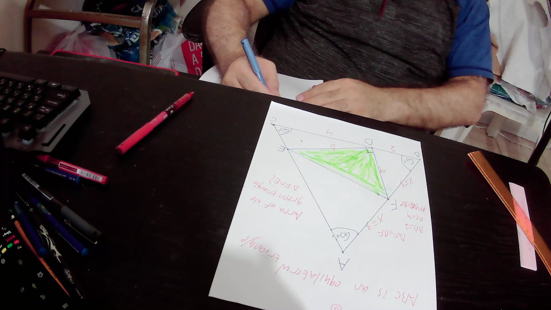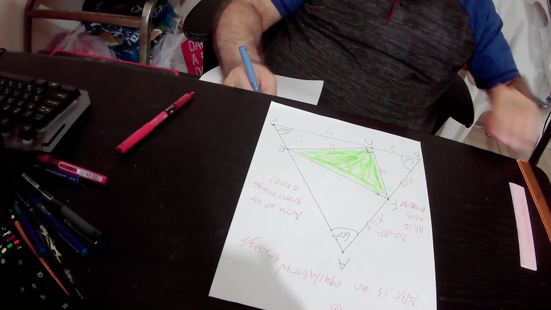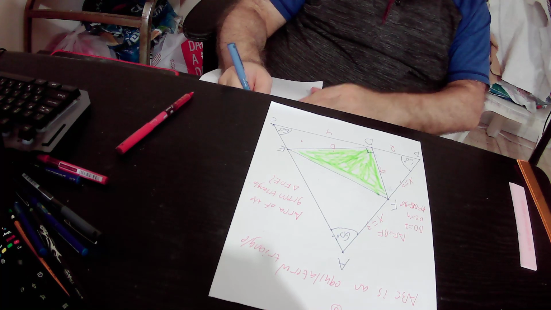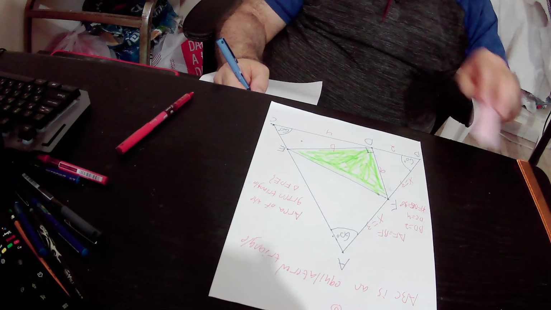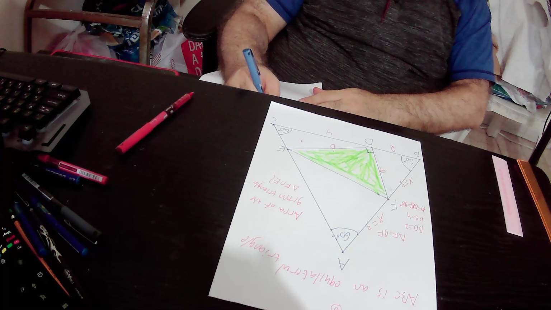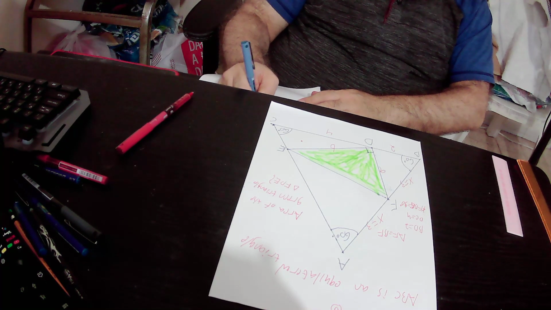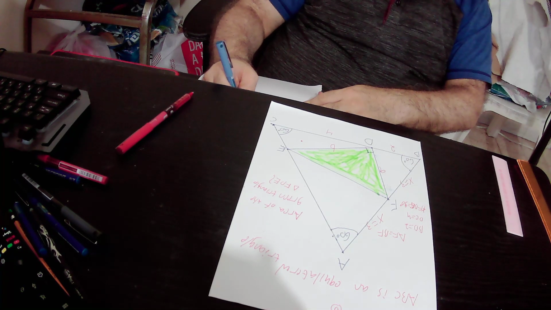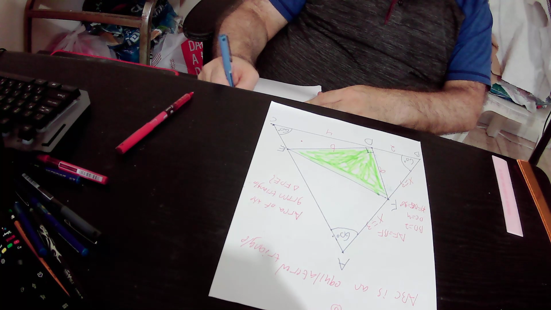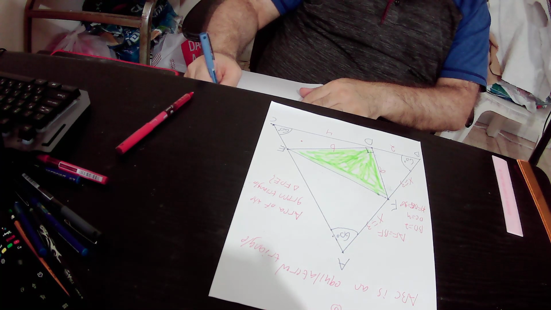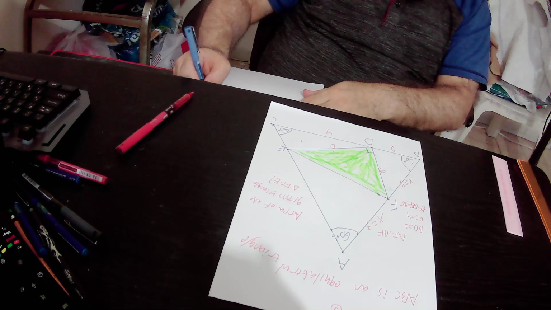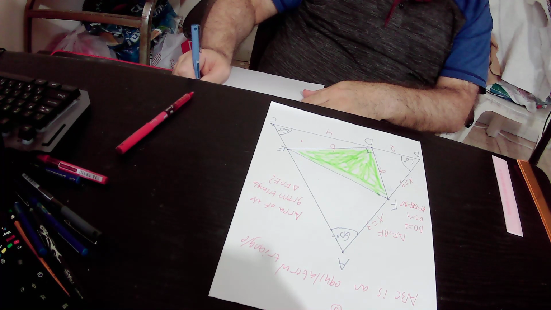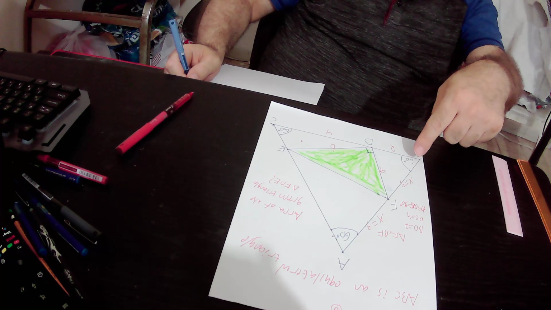So in triangle BFD, FD squared, according to the law of cosines, equals BF squared plus BD squared minus 2 times BF times BD times cosine 60 degrees.